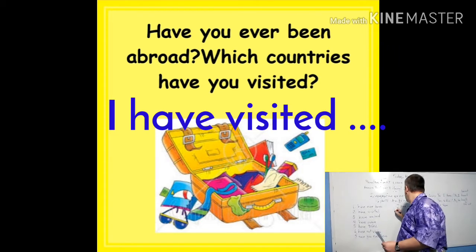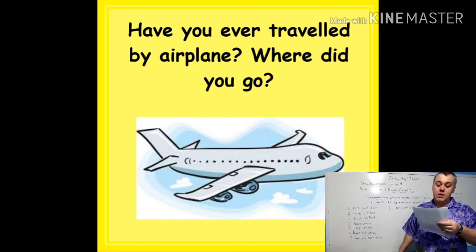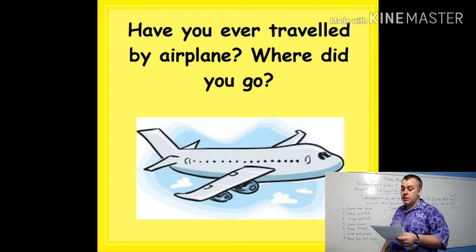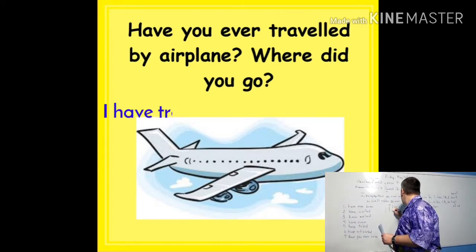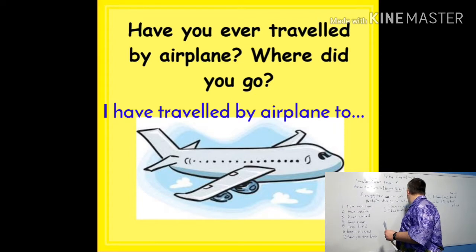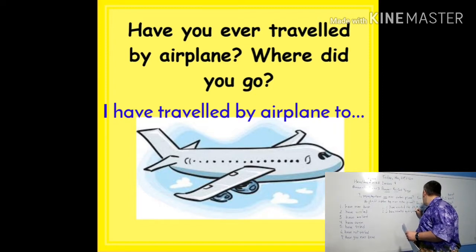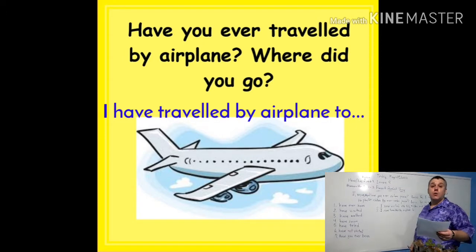All right? Number 2. Have you ever traveled by airplane? Where did you go? All right, this is a little bit more difficult. You would say, I have traveled by airplane to, and then where did you go?